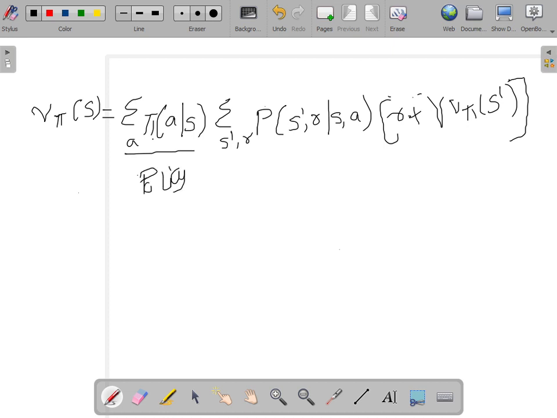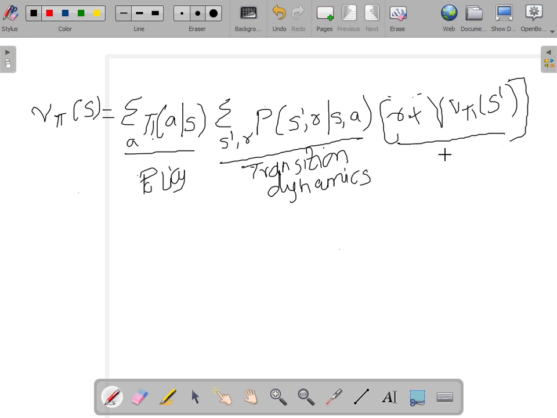And this part is the transition dynamics, because you are performing a transition from S to S dash, so you can term this as transition dynamics. And finally, you get the value of the next state.